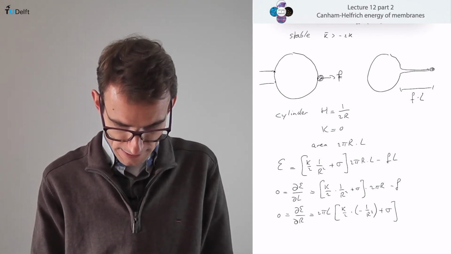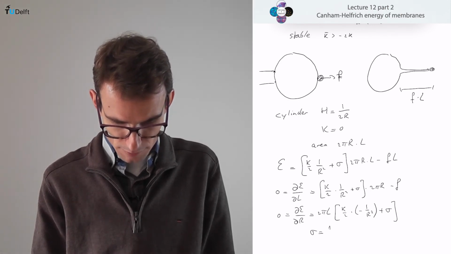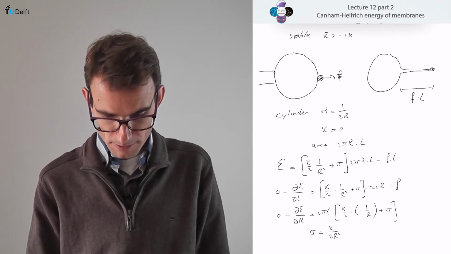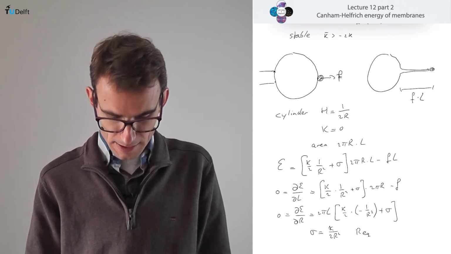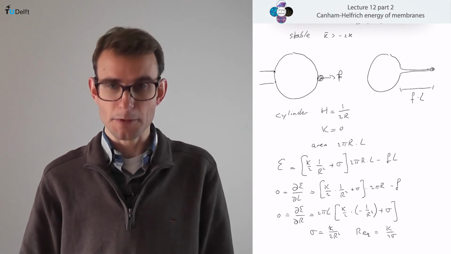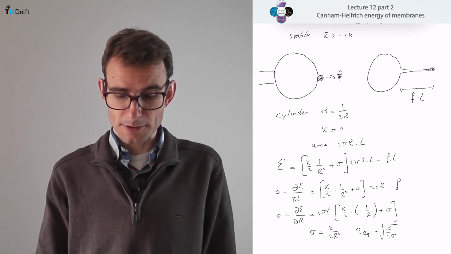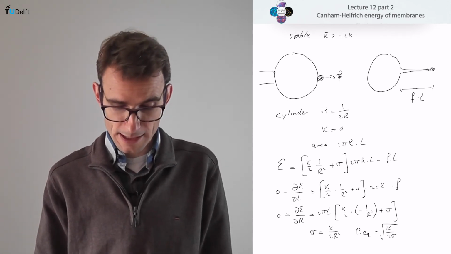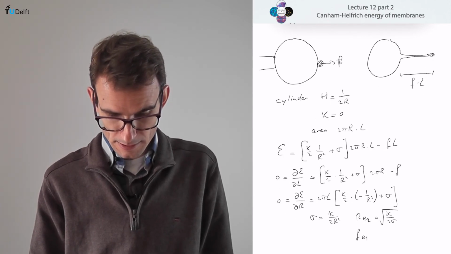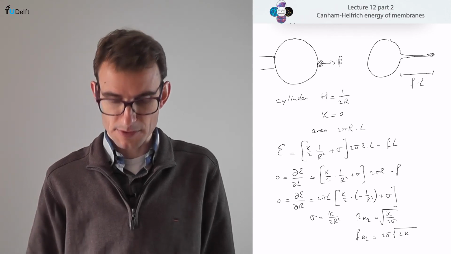We're going to get that sigma equals kappa over 2r squared, or the equilibrium radius is given by the square root of kappa over 2 sigma. And now if I plug the equilibrium radius into this other equation, I can also calculate the equilibrium force. And that will turn out to be 2 pi times the square root of 2 times kappa times sigma.